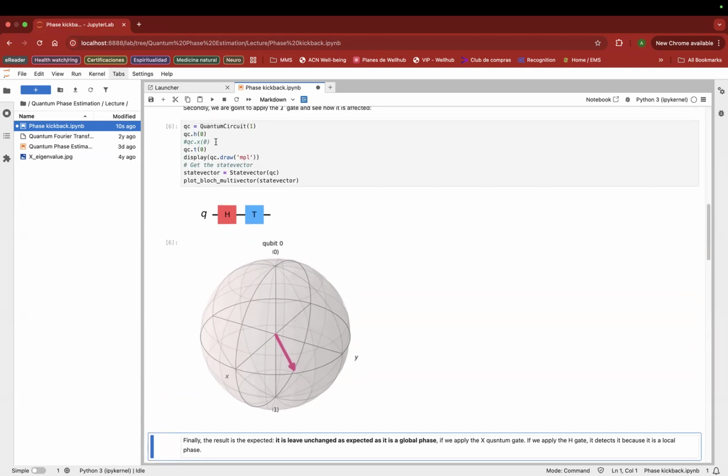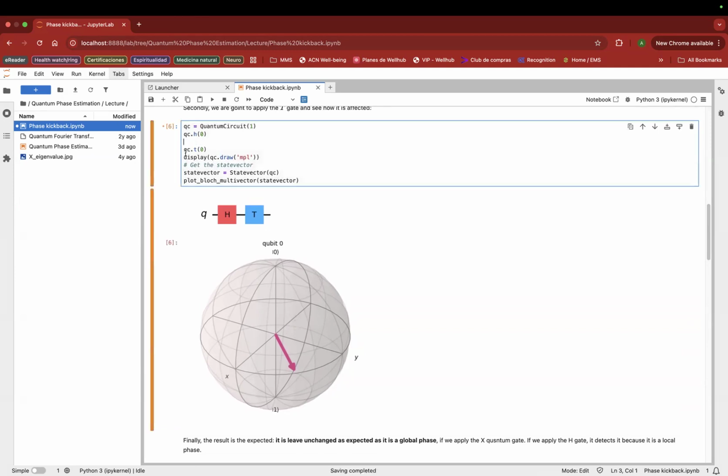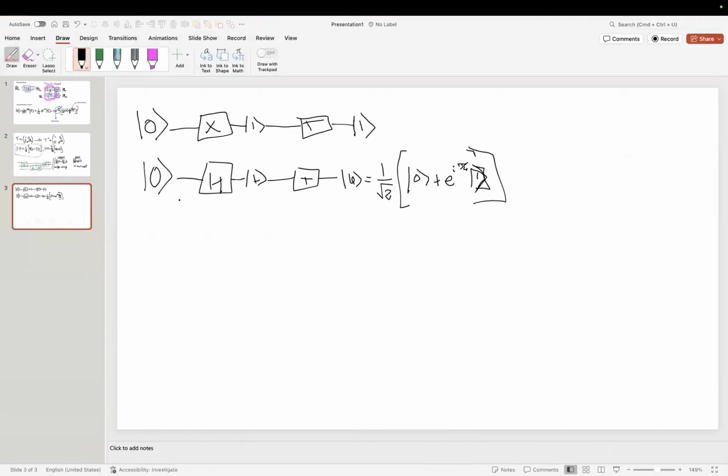You tell me, Alberto, I want to see a minus instead of this. So what does it mean? Instead of this 0, if I put 1 at the beginning, now here I get 1. I'm going a bit faster.